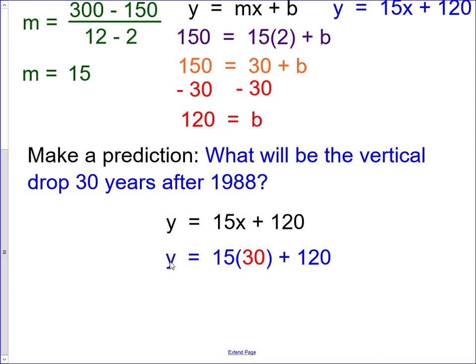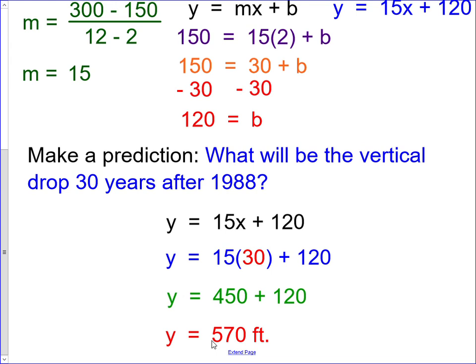Since y is already isolated, we're just going to go ahead and simplify on the right side of this equation. I can do 15 times 30, which is 450. So now we have y is equal to 450 plus 120. We can go ahead and do the addition, and we get y is equal to 570.